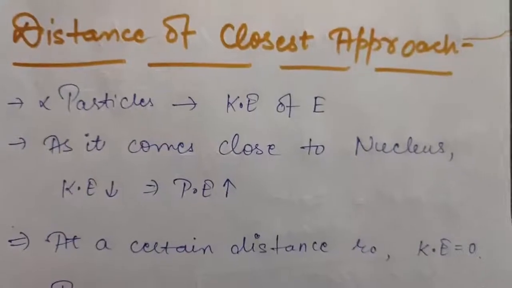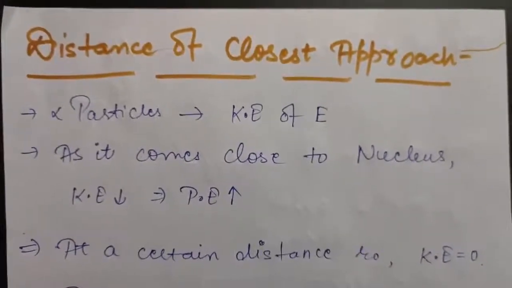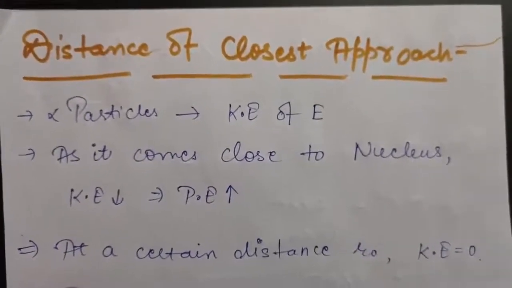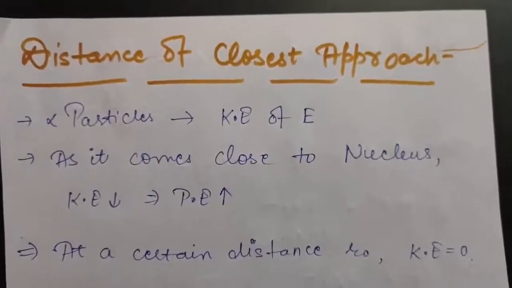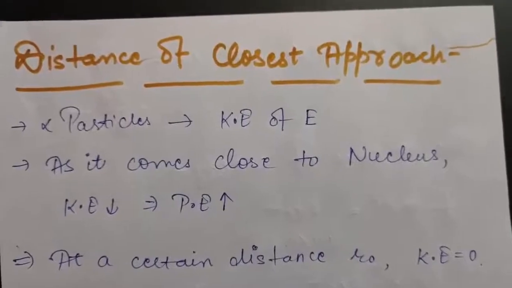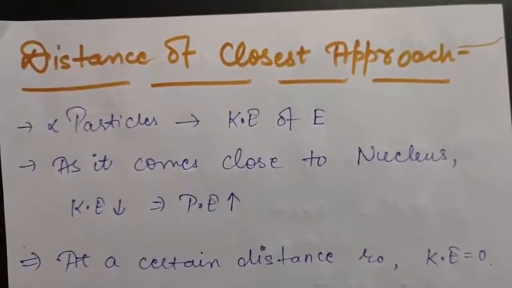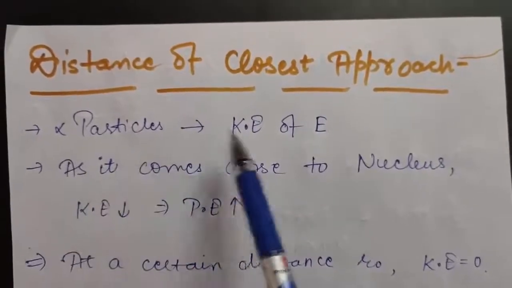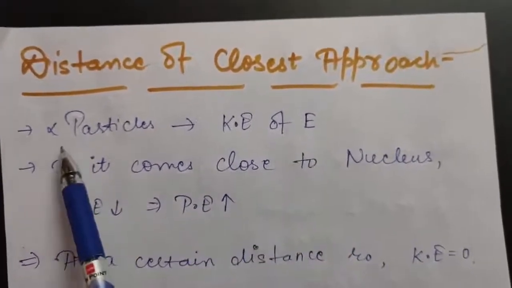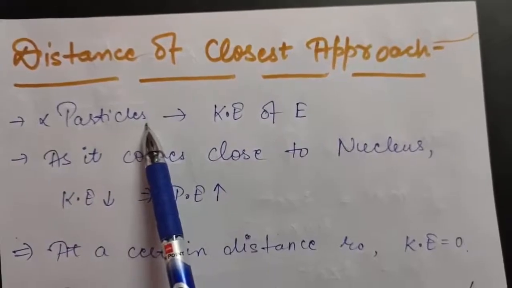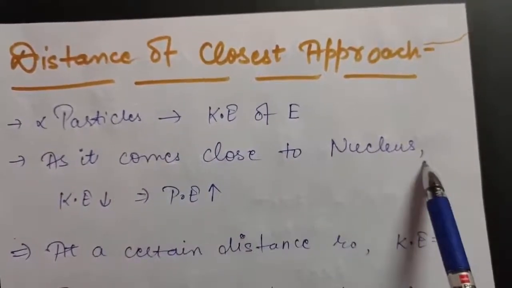Now based on this, if we want to calculate the distance of closest approach, the ray of alpha particles will have some kinetic energy. Let us suppose initially these alpha particles have a kinetic energy of E. As I told you, these alpha particles are positively charged and the nucleus is also positively charged.